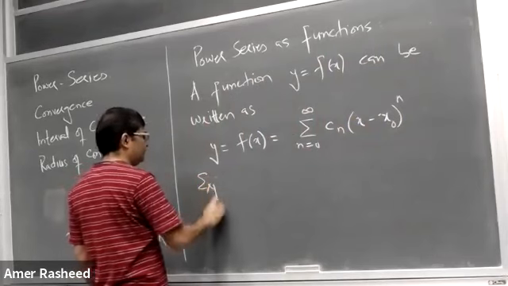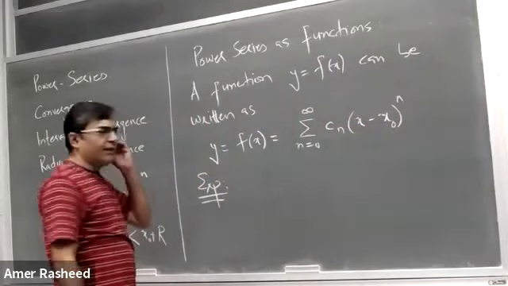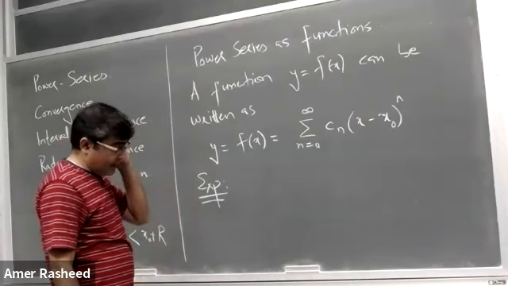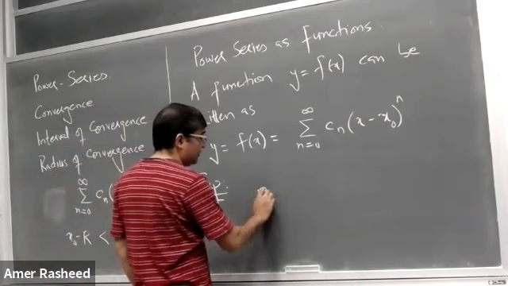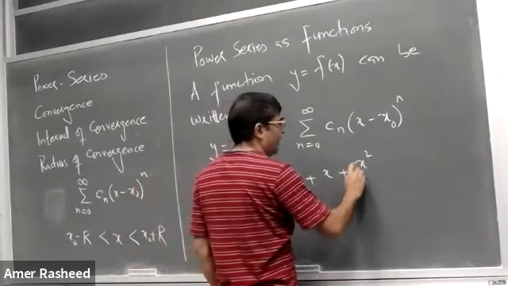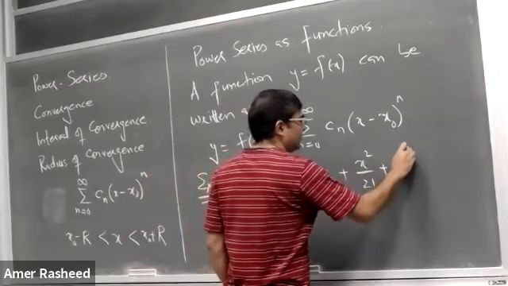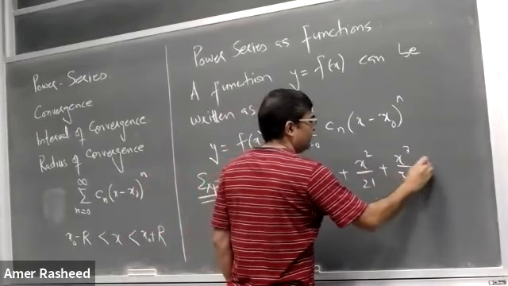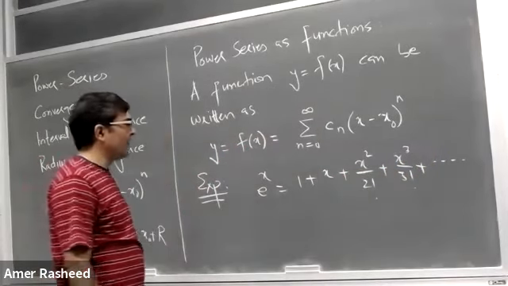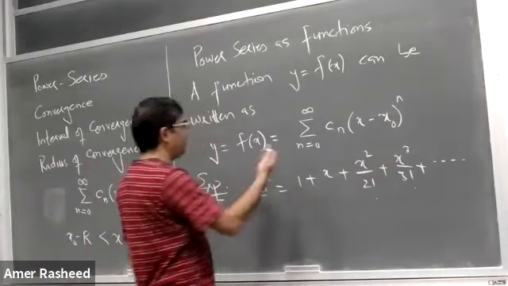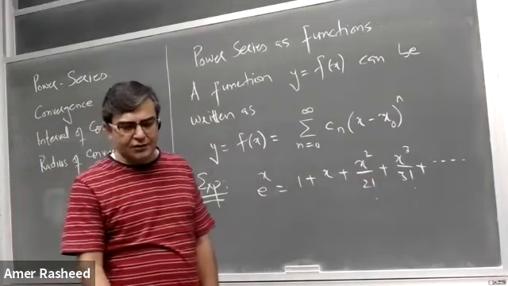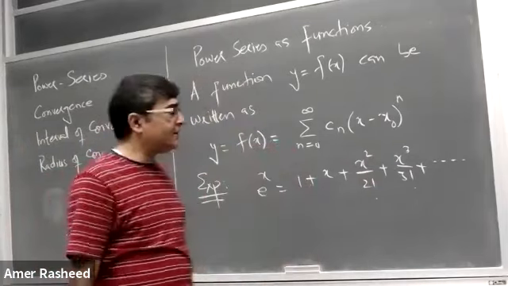For example, you might have seen the series expression for some of the functions. For example, e raised power x has a series form 1 plus x plus x squared by 2 factorial plus x cubed by 3 factorial plus so on. Okay, this is basically the series form of the exponential function. You might have studied the Taylor series and Maclaurin series in your A levels.